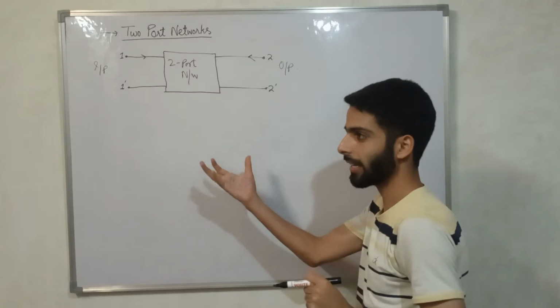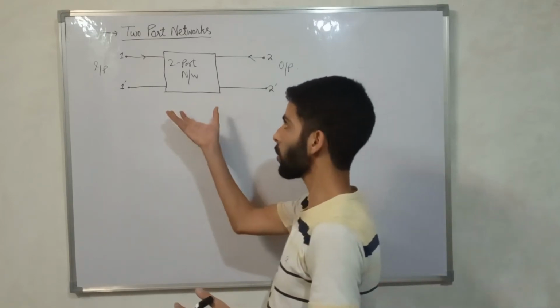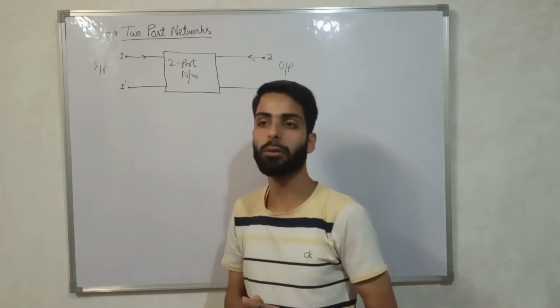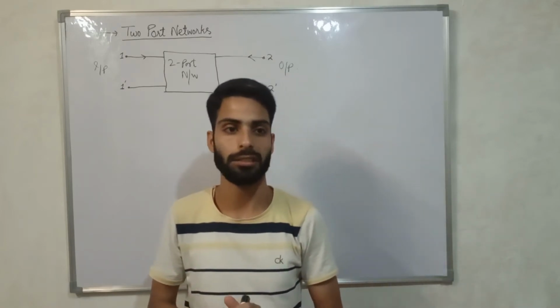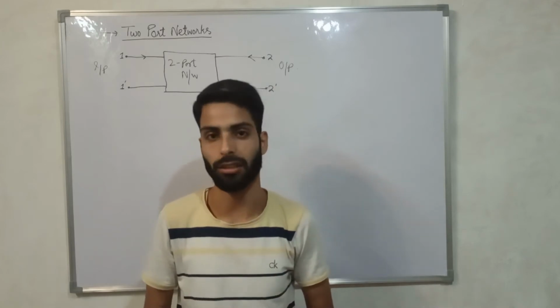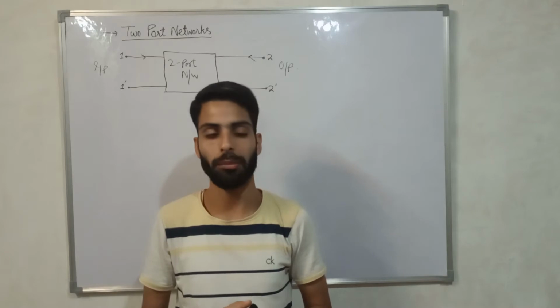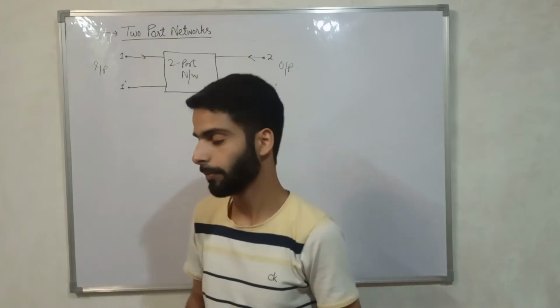So this is the diagrammatic representation of a two-port network. Under these two-port networks, we have to see certain parameters like hybrid parameters, impedance parameters, admittance parameters, ABCD parameters, etc. So what are those parameters? Let us start with impedance parameters today.